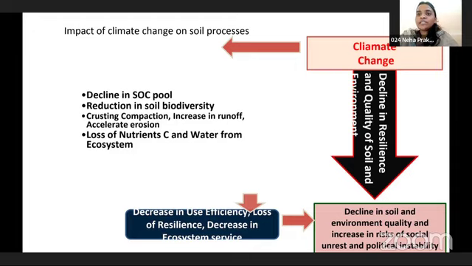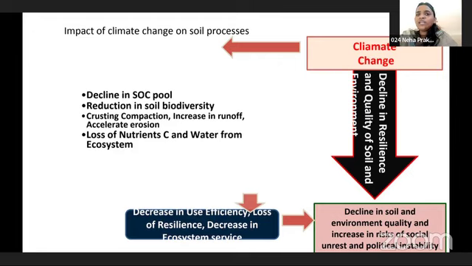With continuous cultivation practices, we are not resting our soil. As human beings, we need rest for some time. Likewise, the soil also needs a rest period. What we are doing is continuously cultivating crops, one season after another.